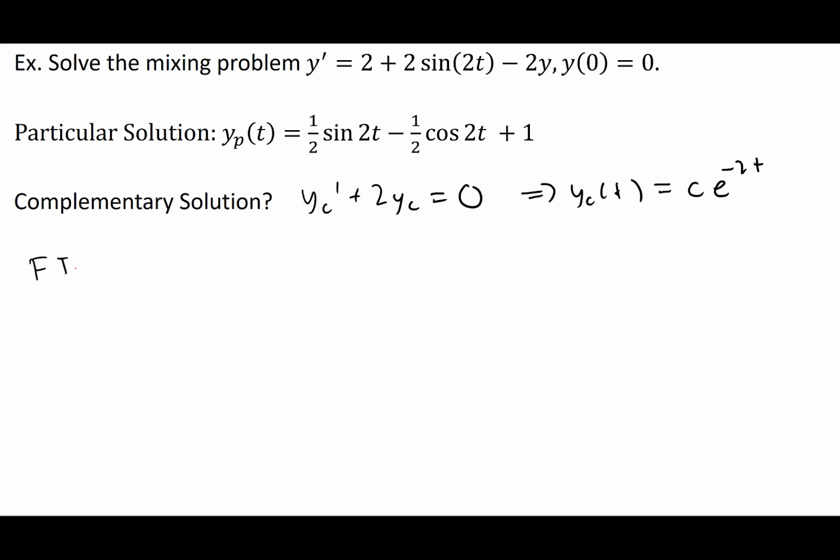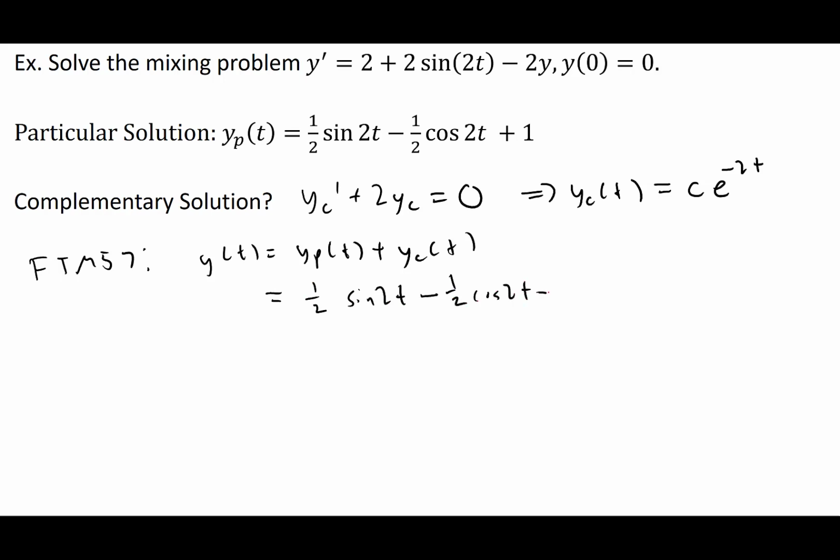Once I have both pieces in play, I combine them using the fundamental theorem of Math 57 to write my general solution to the DE as yp of t plus yc of t, which in all its glorious detail says 1/2 sine 2t minus 1/2 cos 2t plus 1 plus c e to the negative 2t.